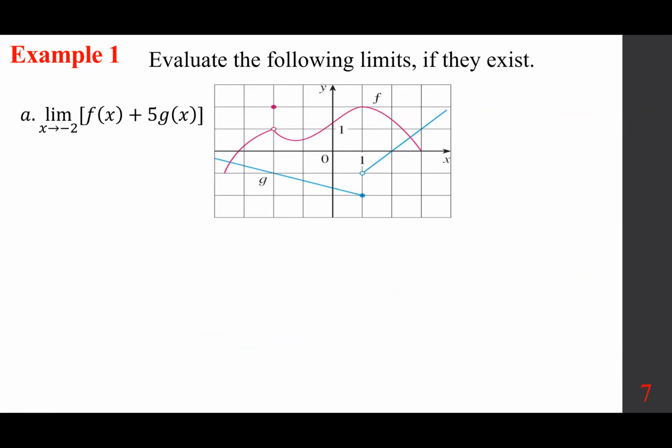We want to come up with the limit of f of x plus 5 g of x as x approaches -2. To do that, first let's use the limit laws to cut this into 2 pieces, and then we take the 5 out. So we do this first.